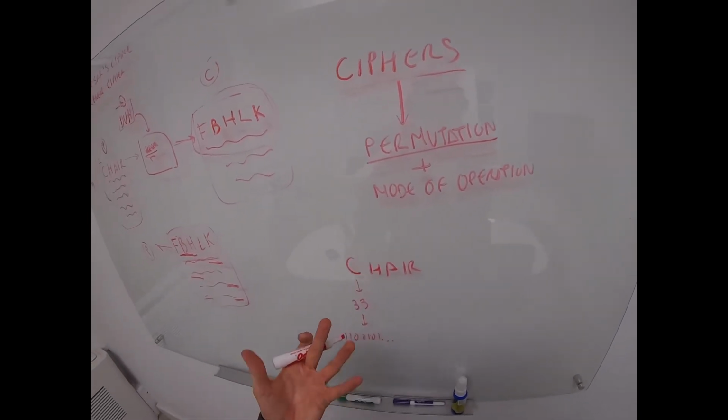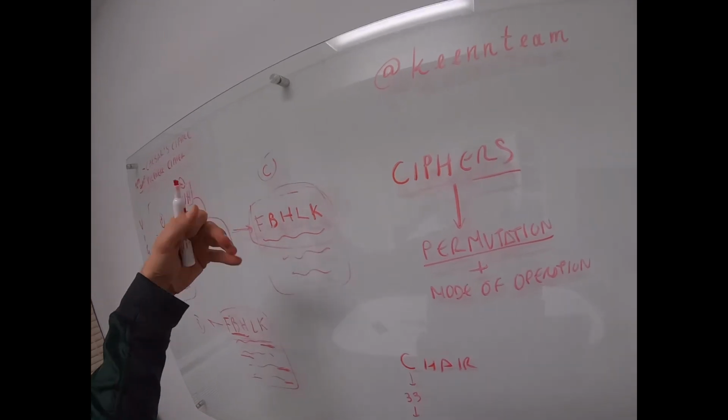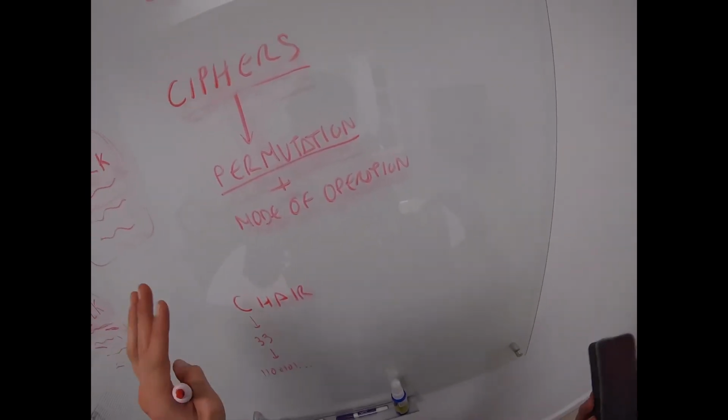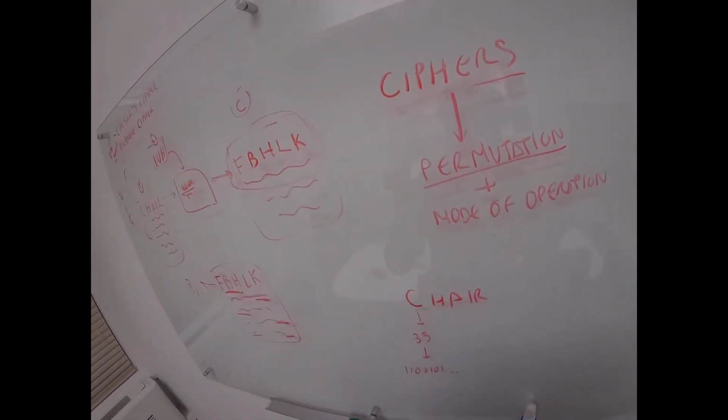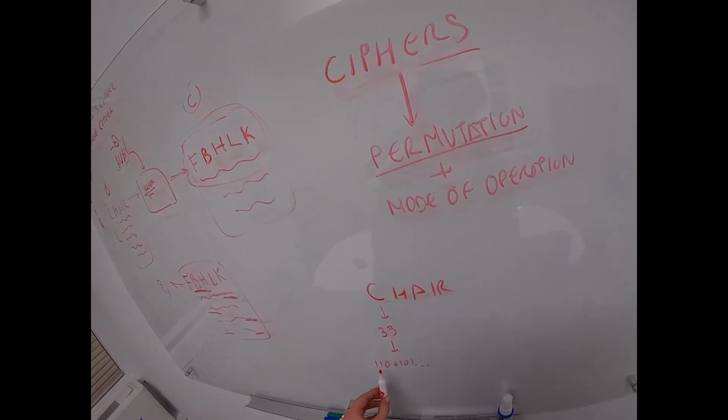What I'm trying to explain is that now we're working with letters because these are old algorithms, but keep in mind that in modern encryption, computers will encrypt bits, okay?